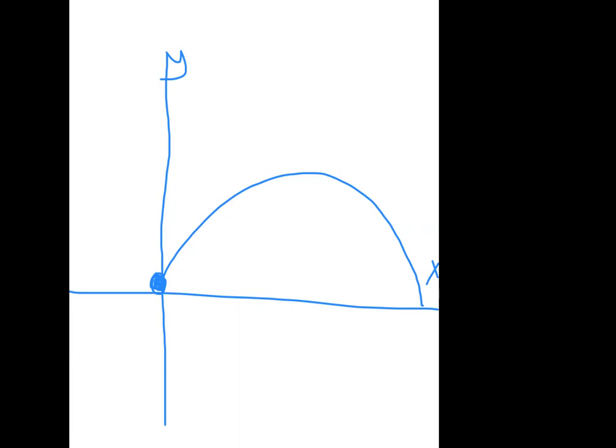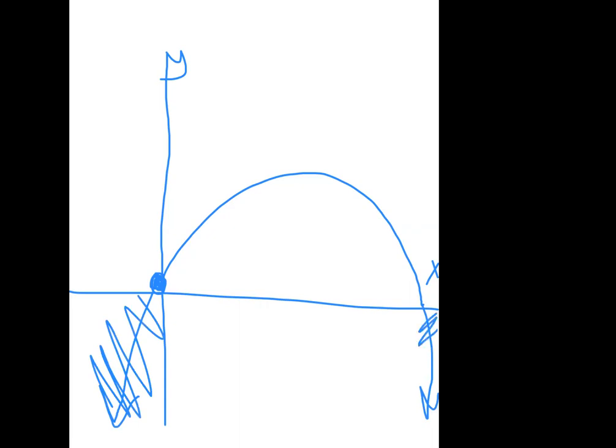But a couple of things are going to happen. If it goes from the ground all the way back to the ground, you're going to be looking at this piece of the parabola that looks like this. Yes, the parabola would keep going this way and this way, but since this is a real life scenario, the soccer ball's not ever going to go over here, so I don't really care about negative x values in this case.